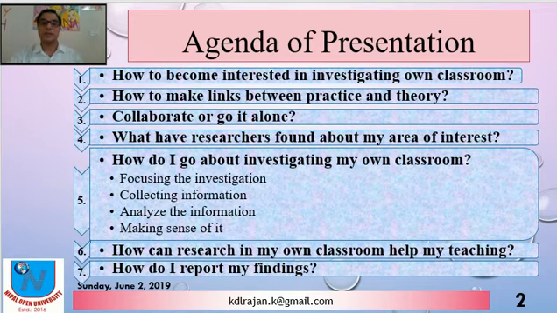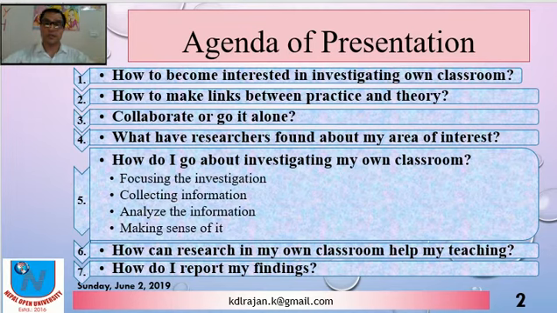These stages give us an idea about how to carry out research in our classroom. Then I'll discuss how research in my own classroom can help teaching and learning, and finally how I should report the overall research that I have carried out.